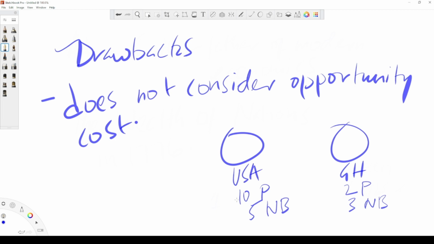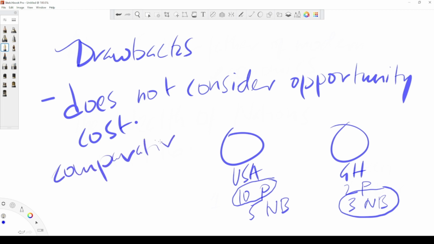Here we can see that the USA will have a comparative advantage in producing pens. It has a higher opportunity cost if it produces notebooks. And Ghana has a comparative advantage in producing notebooks. So this leads us to the concept of comparative advantage. This is another concept I will describe in another video later.